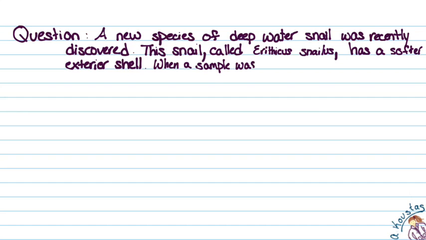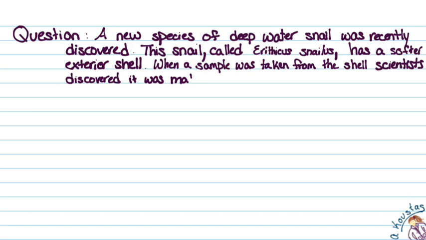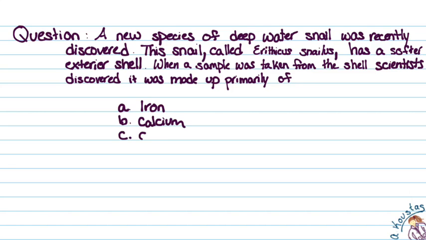So you take a little sample from its shell, and when the sample is analyzed in a lab, what element or elements would you expect to see in the shell of this snail? So here are some options. A, iron, B, calcium, C, carbon, D, magnesium.